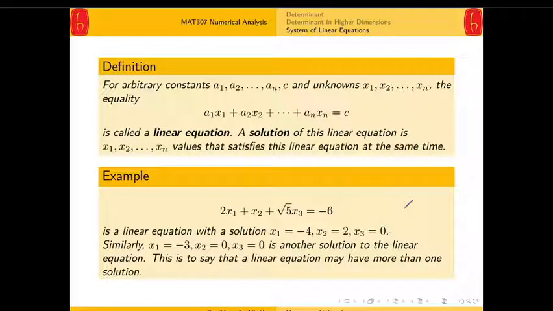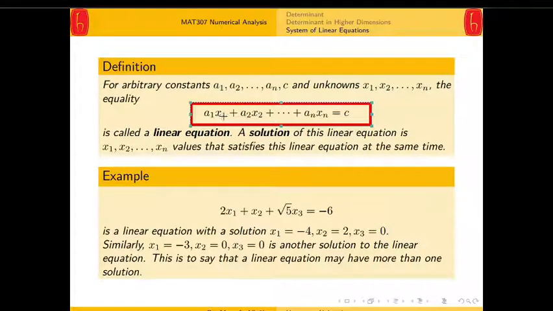Next we will start our discussion on systems of linear equations. First, we will give a definition for a linear equation. For arbitrary constants a1, a2, ..., an, and also some other constant c, and unknowns x1, x2, ..., xn, the equality a1 times x1 plus a2 times x2 plus dots plus an times xn equals c is a linear equation.